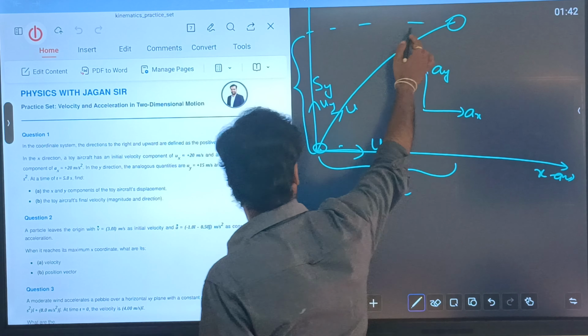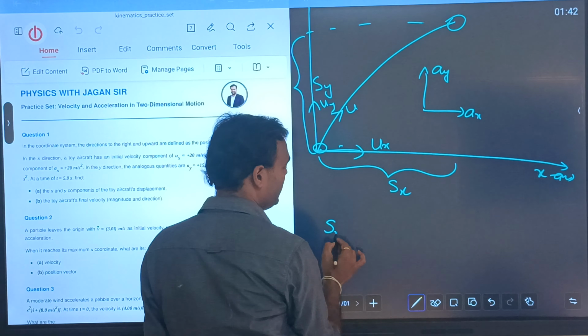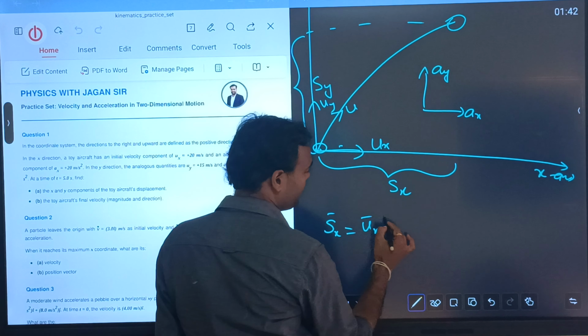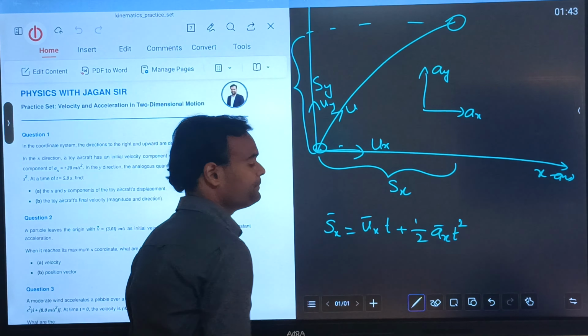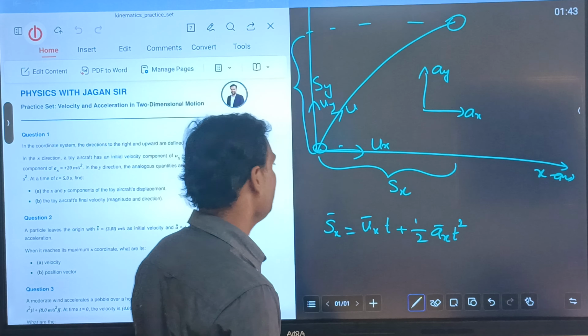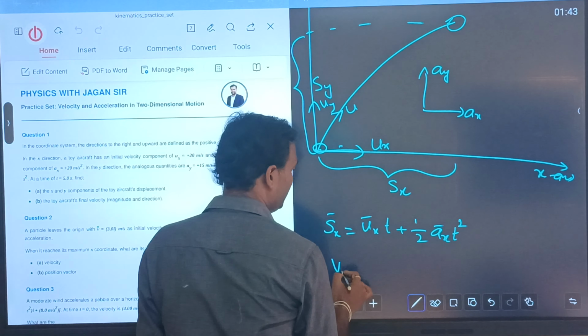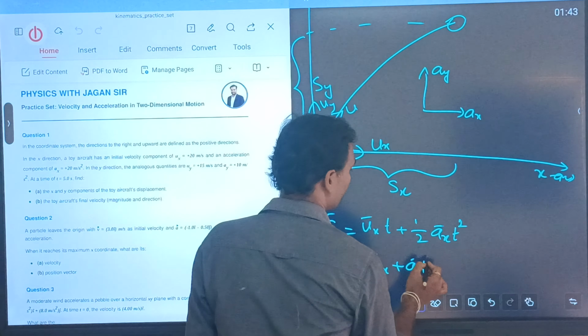Now though the object is moving from this point to this point, if I want to find the sx displacement, I should write uxt + 1/2 axt². Similarly, vx = ux + axt.